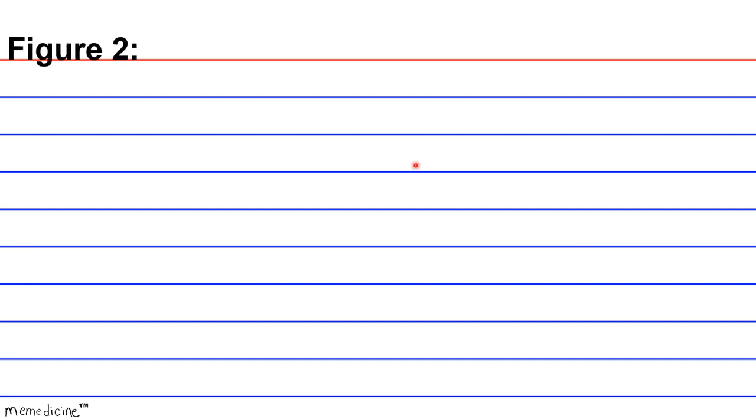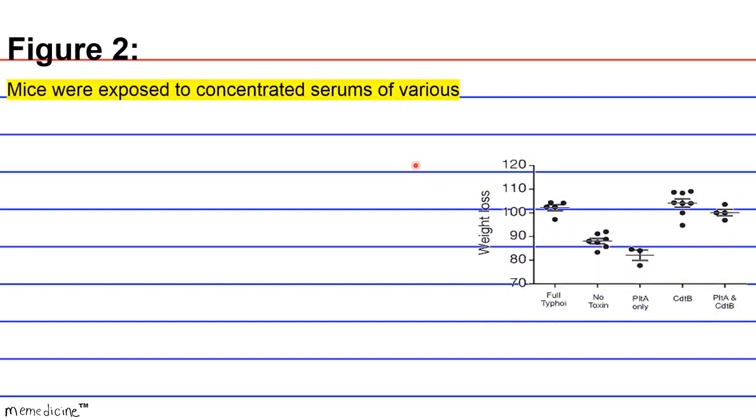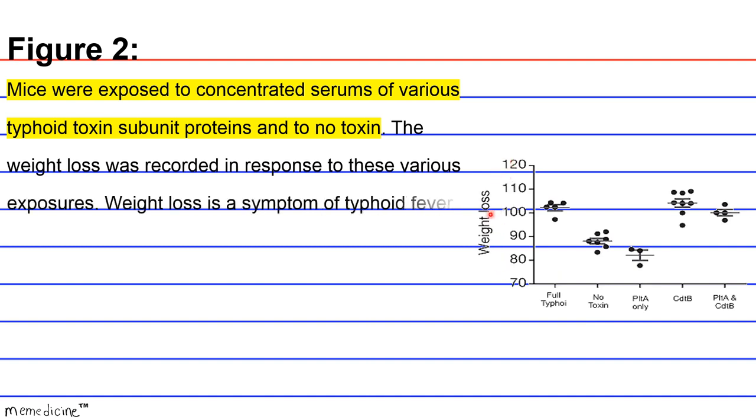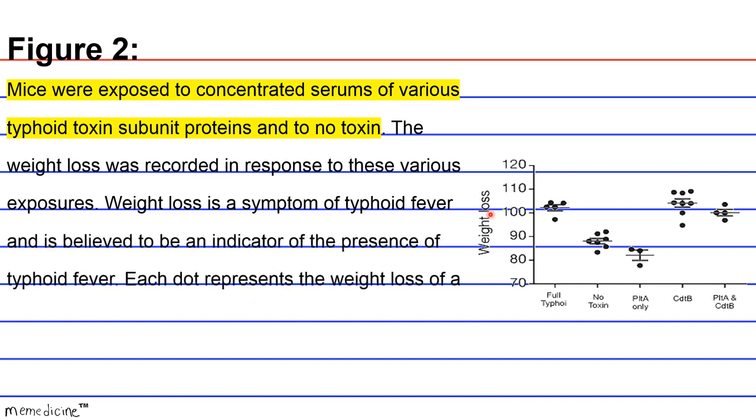Figure 2. Mice were exposed to concentrated serums of various typhoid toxin subunit proteins and to no toxin. The weight loss was recorded in response to these various exposures. Weight loss is a symptom of typhoid fever and is believed to be an indicator of the presence of typhoid fever.